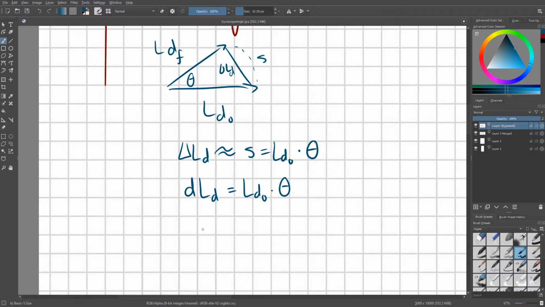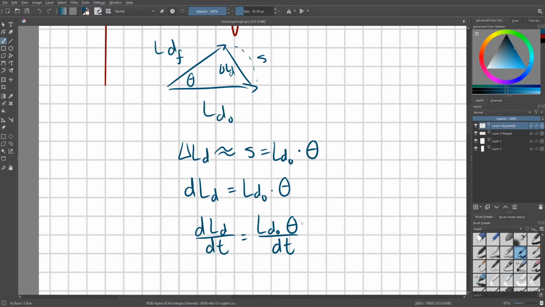Let's take these terms and divide them both by some change in time. dL_D over dt equals L_D naught theta over dt. We know that the magnitude of L_D naught, or of L_D, does not change.